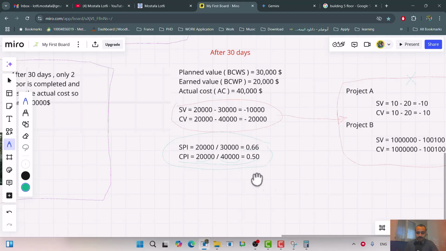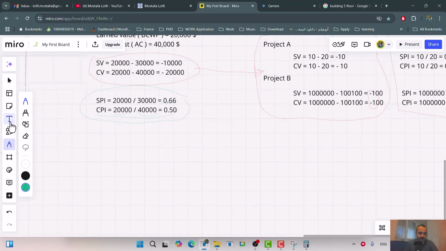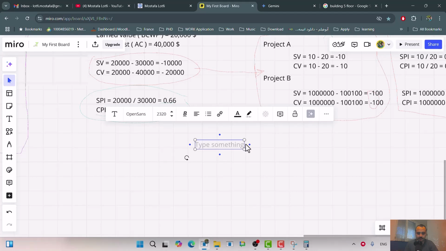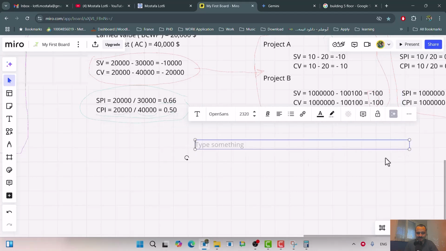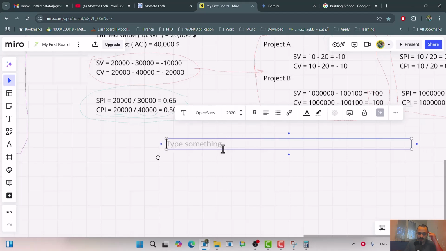Let me write it, maybe it's easier, because it's a very important concept that you need to understand and put in your mind.